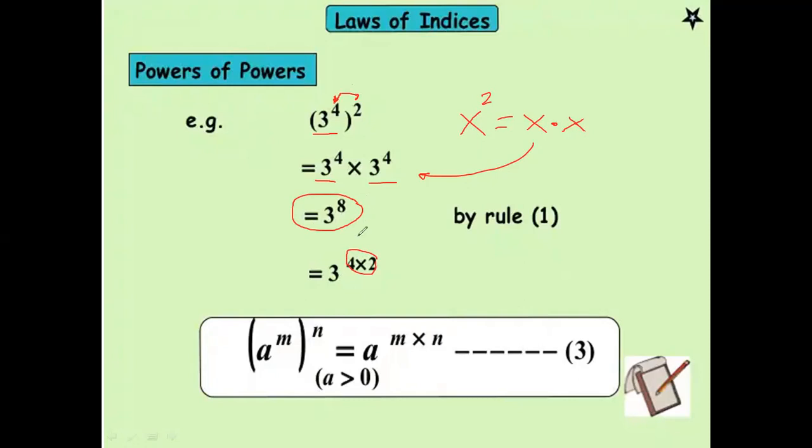So a raised to the power of m and raised to another power of n is just the same as a raised to the power of m times n, where a is greater than 0, because we also have negative indices, which we will discuss next.